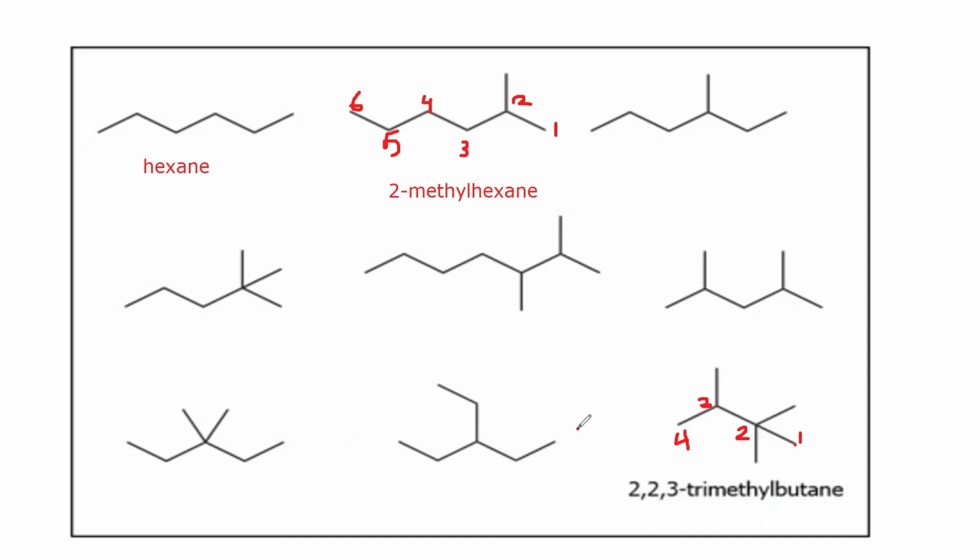Same hydrocarbon chain length, same position of the branch, carbon 3. We can start numbering from here and consider this as a branch. It's okay. 1, 2, 3, 4, 5. So we still have 5 carbons as the main hydrocarbon chain length, and the branch is on carbon 3.